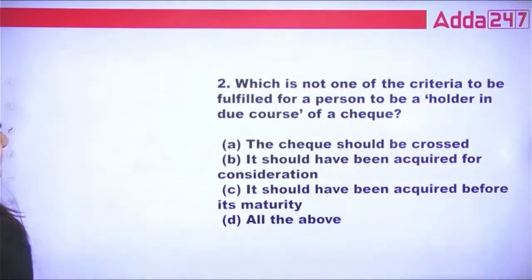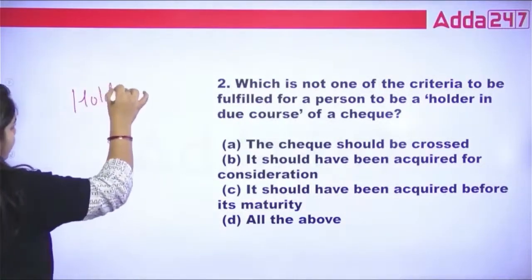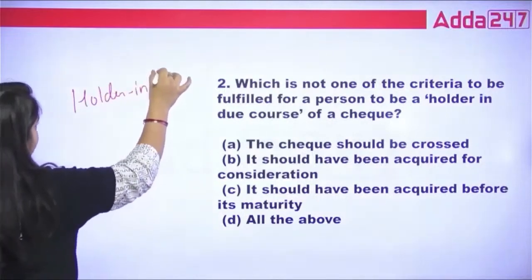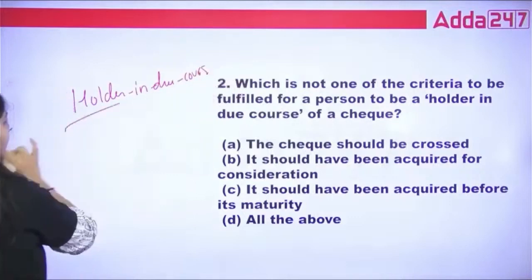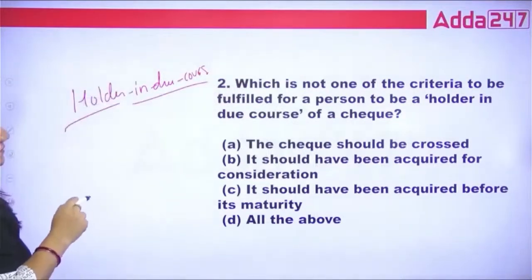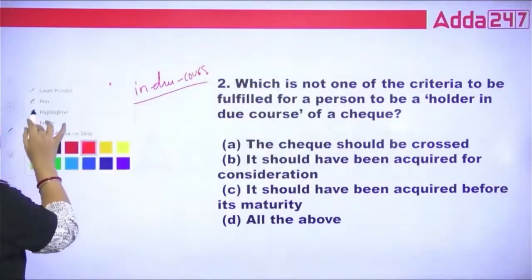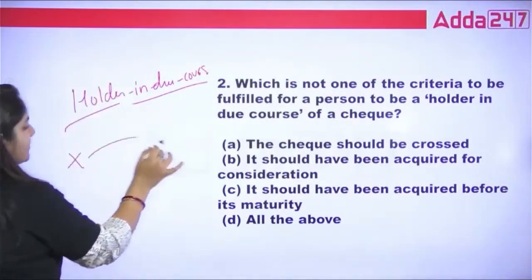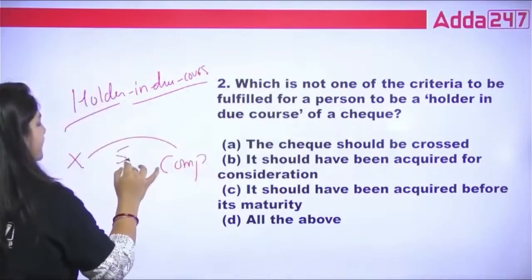Which is not one of the criteria to be fulfilled for the person to be a holder in due course of the cheque? So first of all, we have to understand what a holder in due course is. That is very simple. Holder in due course is basically, suppose X is working in a company and the salary is 50,000 rupees.